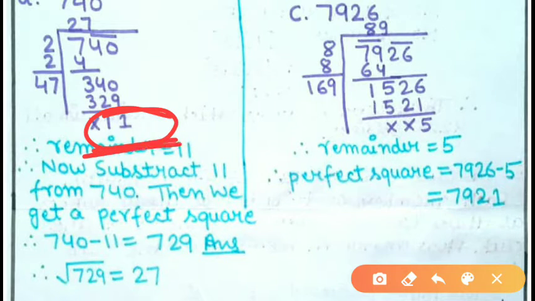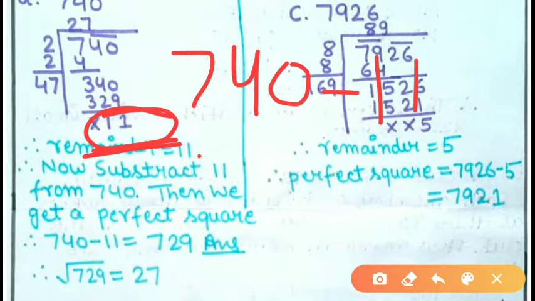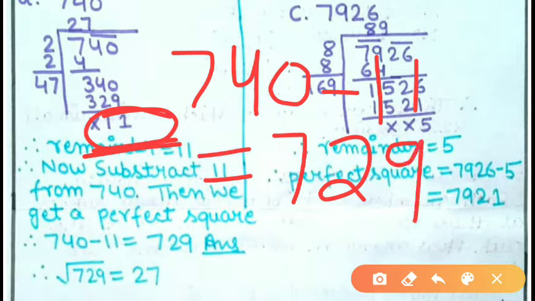Suppose this is the extra number. Remainder means the extra number. If you subtract 11 from 740 you will get 729. You want to remove this remainder, because if the remainder becomes 0 the number will become a perfect square. So for removing the remainder just subtract the remainder from the given number.